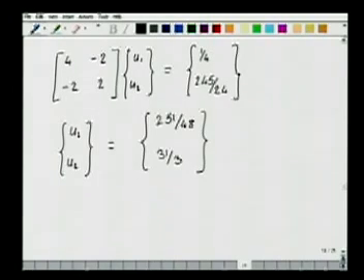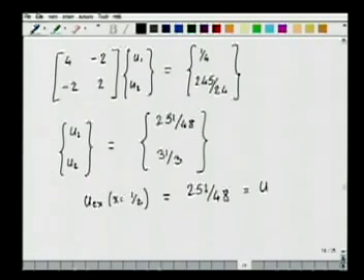Now if you compare with the exact solution of this problem, you will see a very curious observation, that the u exact at the point x equal to half is equal to 251 by 48, which is equal to u1, which is equal to the two-term solution evaluated at the point x equal to half.